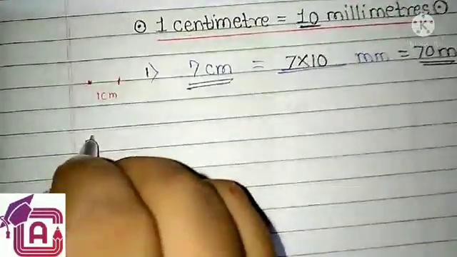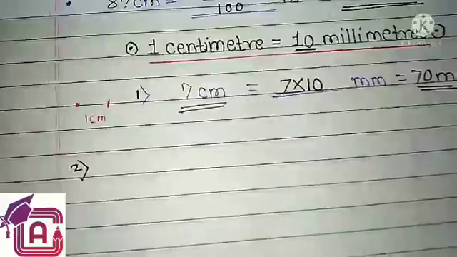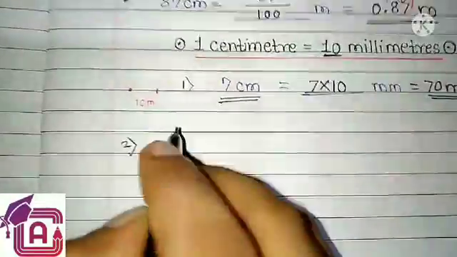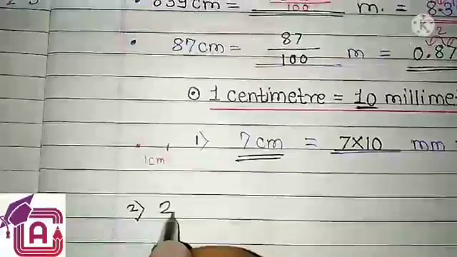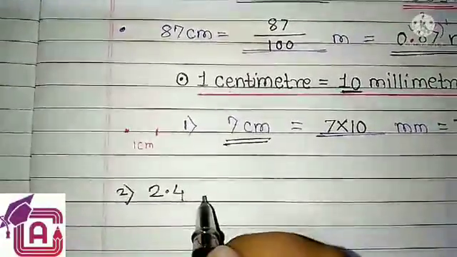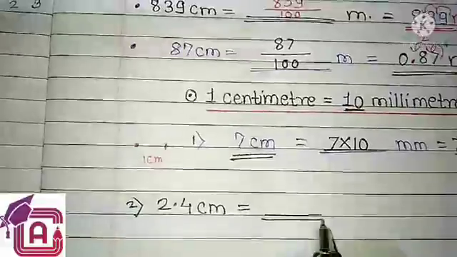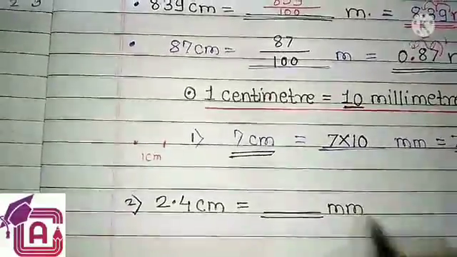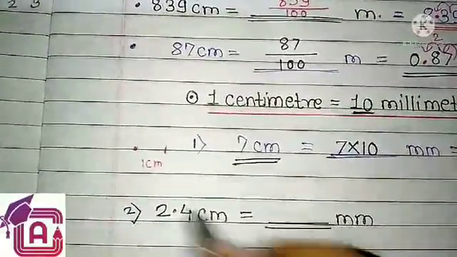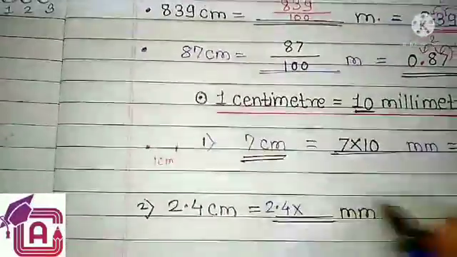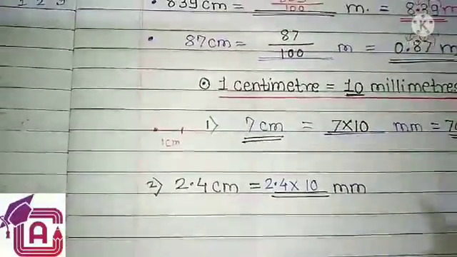Look at the second example. If the distance is given like this in a decimal point format, 2.4 centimeter is equal to how many millimeter? So what are we doing? Copy the number 2.4, multiply it, centimeter to millimeter, so multiply with 10.